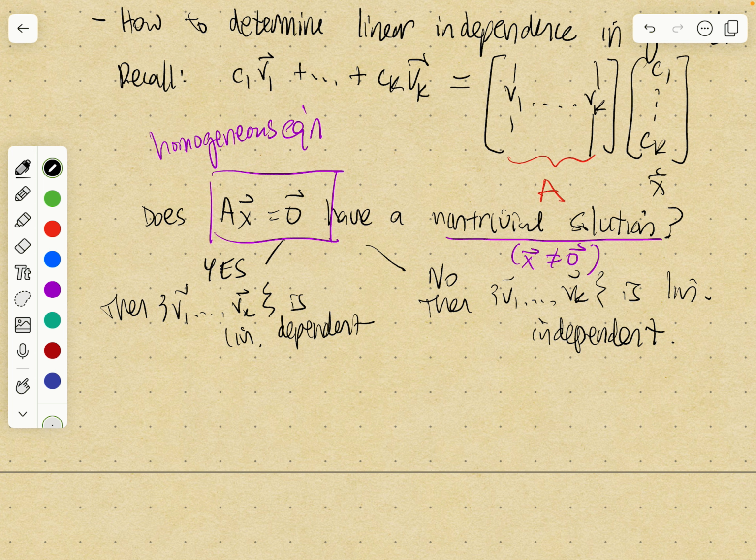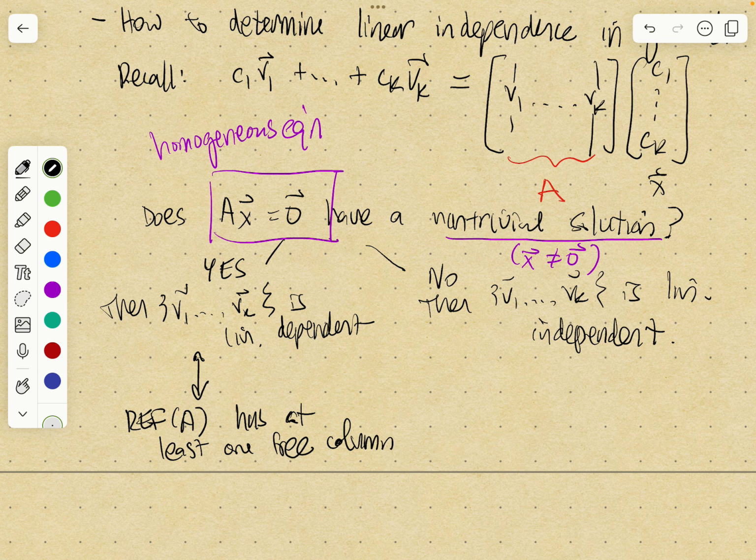So this is the same as saying that Ax equals 0 has infinitely many solutions. And when does Ax equal 0 have infinitely many solutions? When there's a free column in the echelon form. So this is the same as saying that an echelon form of A has at least one free column.